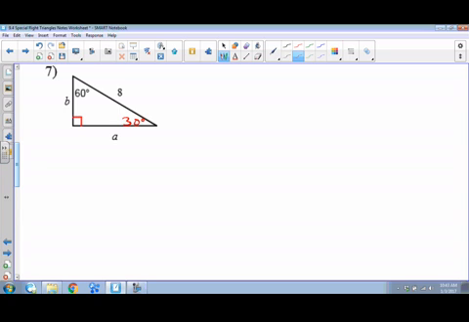All right. So we have a 30, 60, 90. So we need to compare it to the basic 30, 60, 90 so we know how to set those proportions up. Okay? Now, 30, 60, 90 is 1, 2, square root of 3.